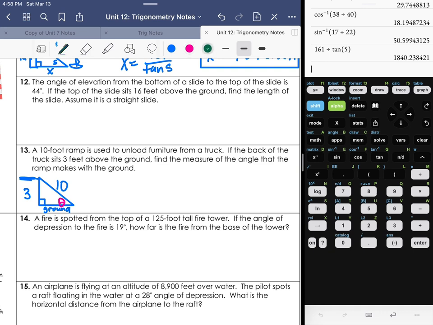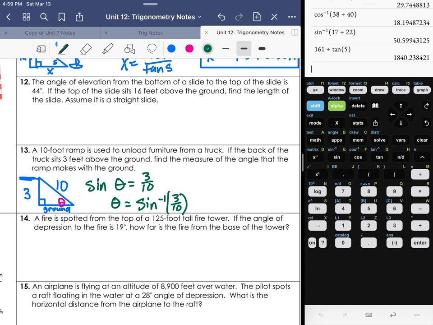Okay, so we're trying to find theta, and the ratio that we know, I'm going to write this down as I talk, is opposite over hypotenuse. So that is the sine of theta. That means to find theta, you're going to do the inverse sine of 3 over 10.